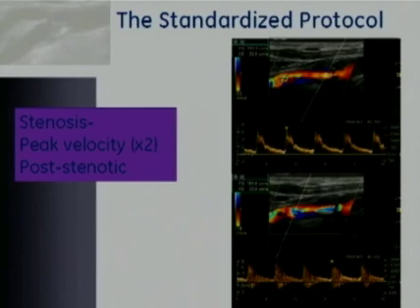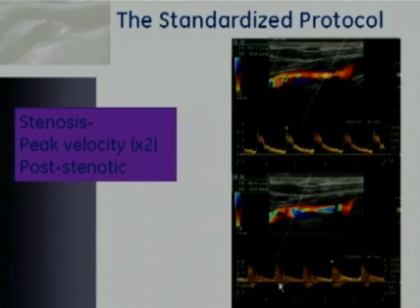At that point, I take a reading there, and then I'm going to move further distal, just a short distance, to document the post-stenotic turbulence. And you can see that in these images right here. The top image shows a nice clean spectral window because I'm within the jet of the stenosis. Below that, I have moved further distal, and now the window has been filled in with echoes, indicating that there is a lot of turbulence.